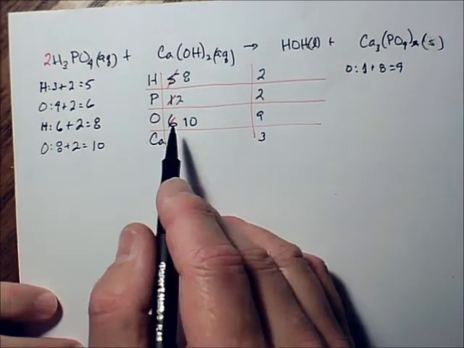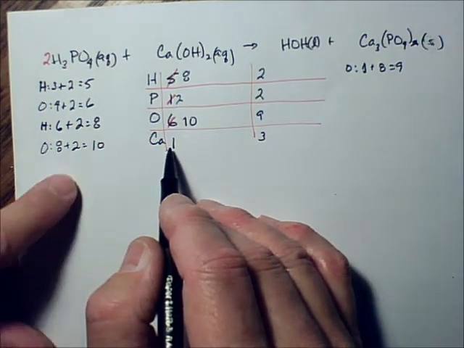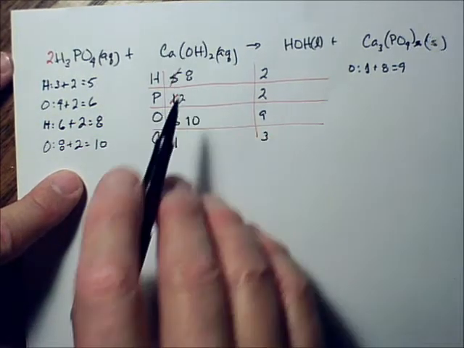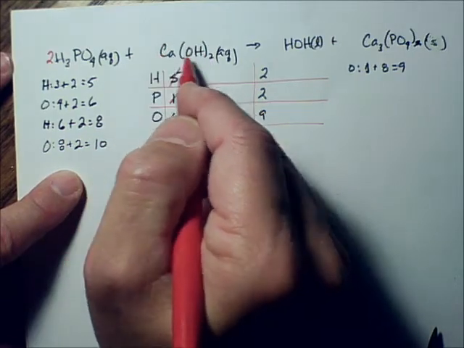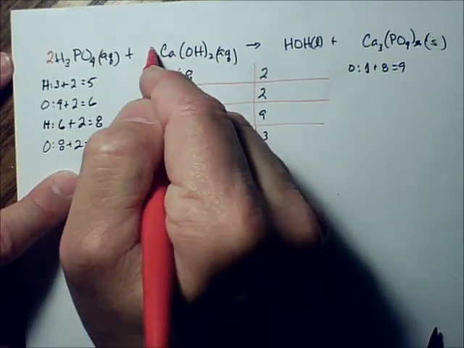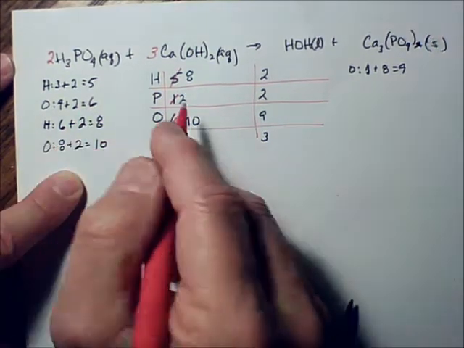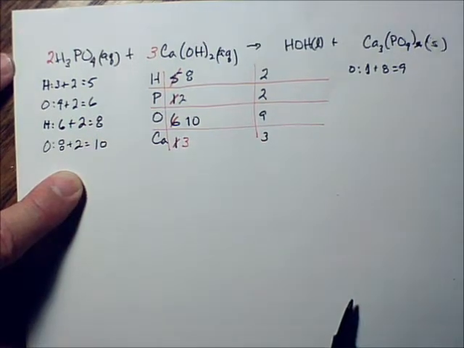Now, since we're going to save oxygen for last and hydrogen next to last, let's go to calcium. I've got 3 on the right-hand side. To get 3 on the left-hand side, I need a coefficient in front of the calcium compound. So I'll put a 3 in front of this. That's going to give me 3 calciums, but again, it's going to change the oxygens and hydrogens. Maybe I can add all those up again.